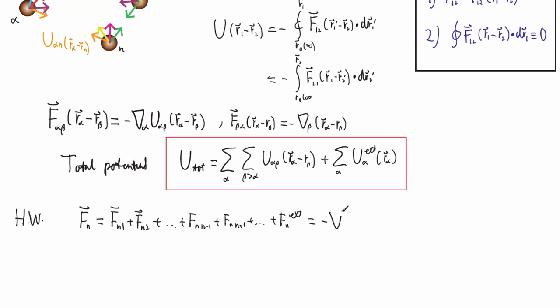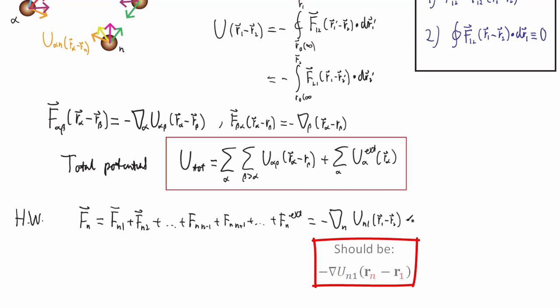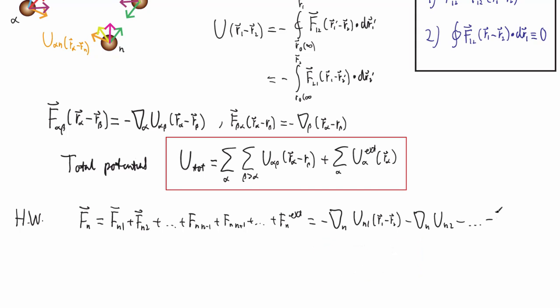So it'll be minus the gradient, for instance, with respect to the nth particle acting on un1 of r1 minus r2, minus un acting on un2, etc. And then we have the gradient, with respect to the nth particle, of the external potential, which depends only on the position of the nth particle. And if you sum that up, you get a total force.